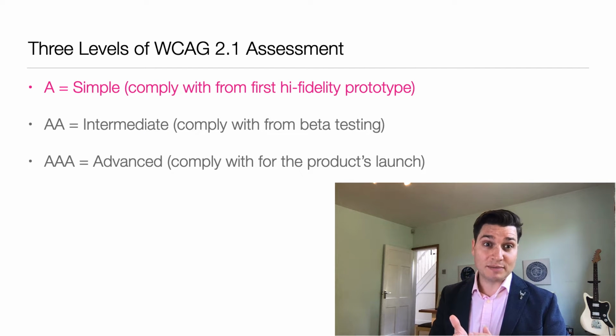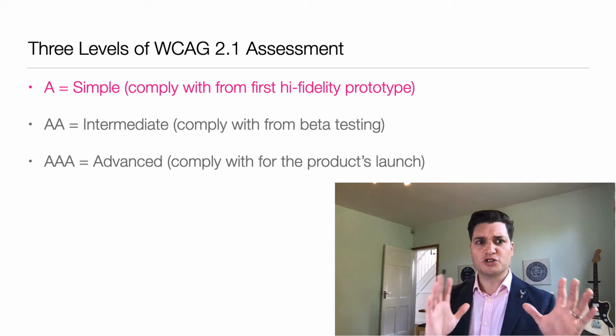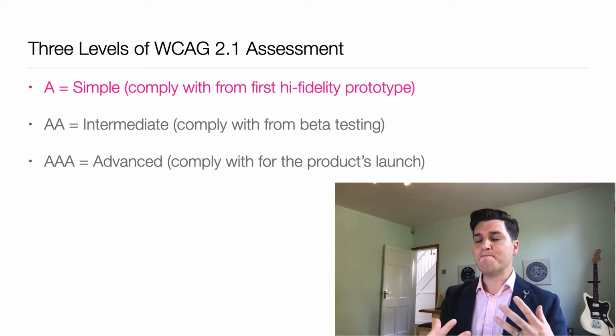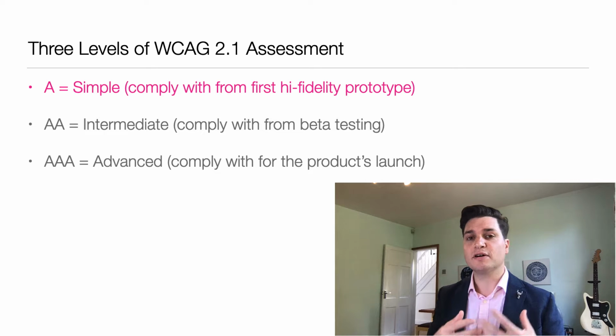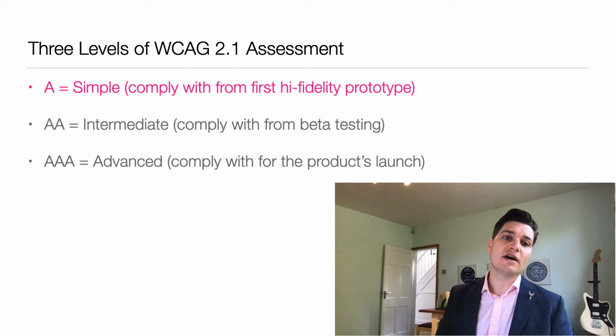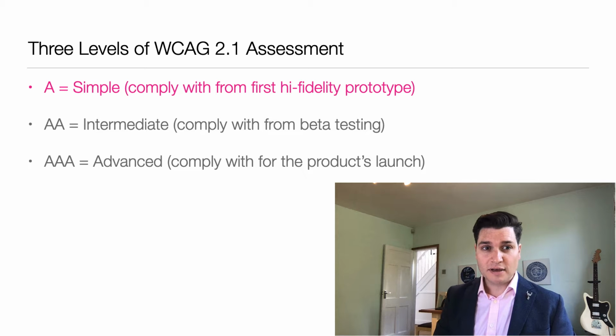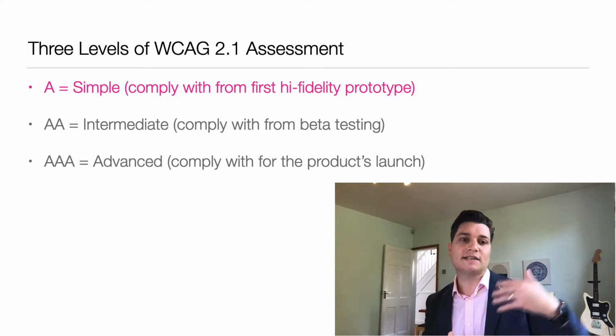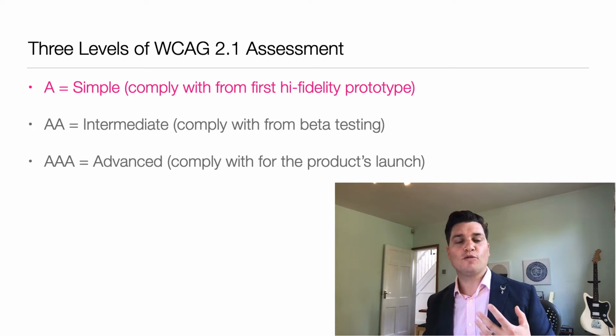That's when AA comes in. And when you're launching your product, AAA comes in. As you might guess, the most impactful accessibility issues are dealt with in A, and it scales up from there, where AAA is all about the deep coding of your website.